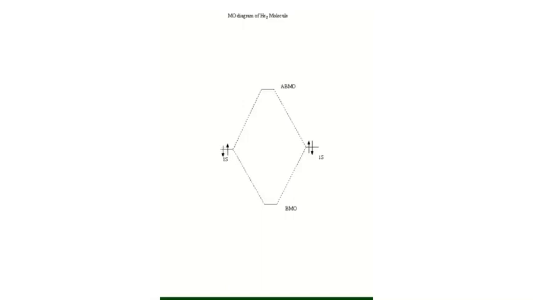So we will take the 2 electrons from here. We will take this electron and fill it here.